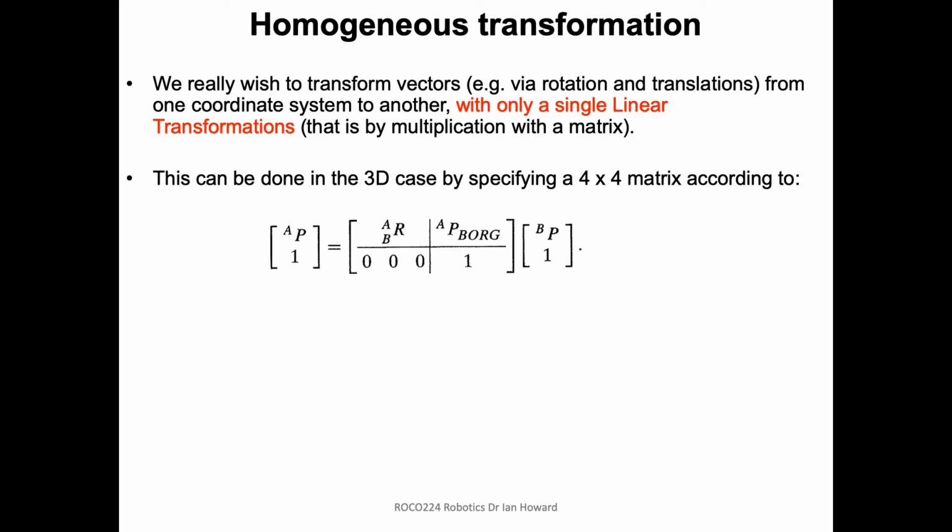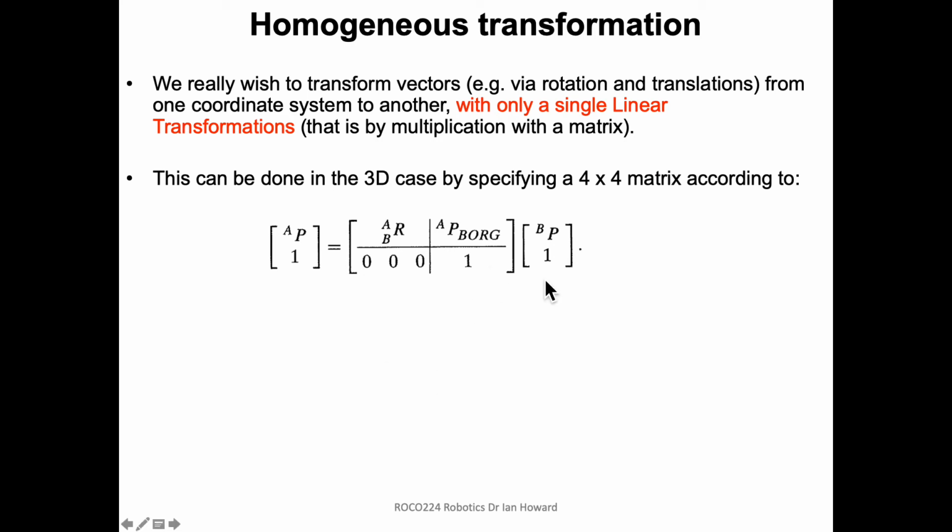Basically, we take our rotation matrix and our translation vector and then we append them into a 4 by 4 matrix. At the bottom, underneath the rotation matrix, the first 3 elements in the row are 0, and the last one, underneath the translation vector, is a 1.